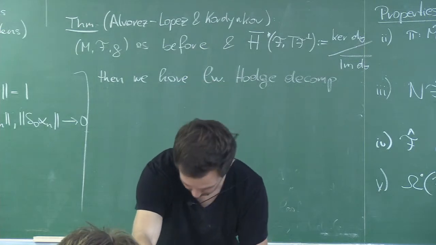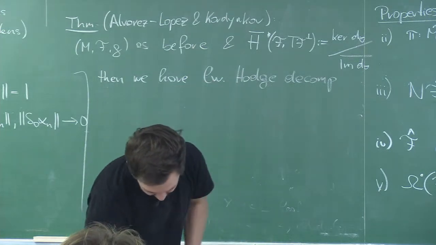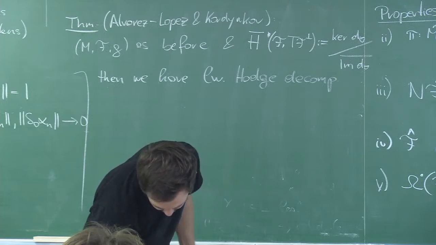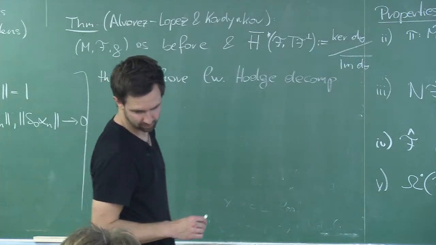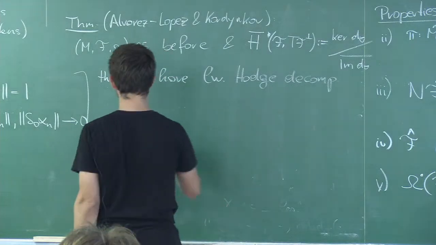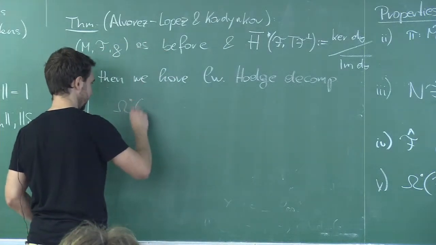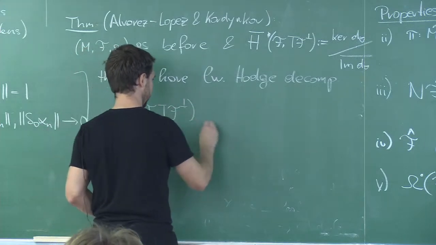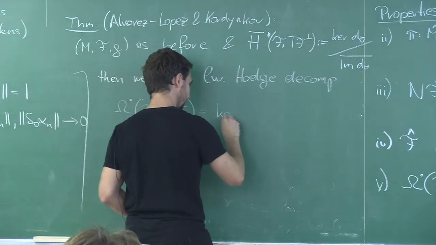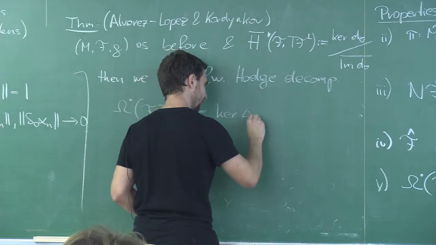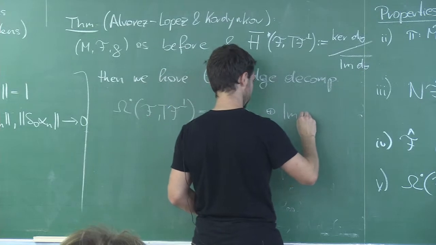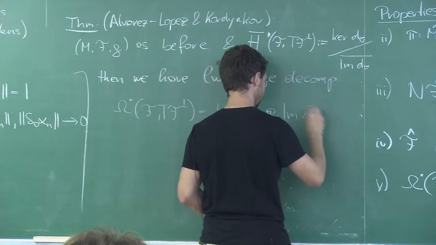All right, I'm almost done. Write the correct statement. Right. So we have for the forms, we can write them as the kernel of the corresponding foliated Laplacian plus the image of the foliated Laplacian.